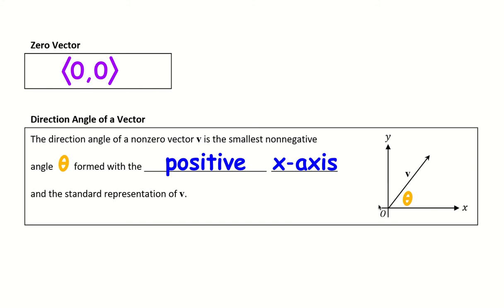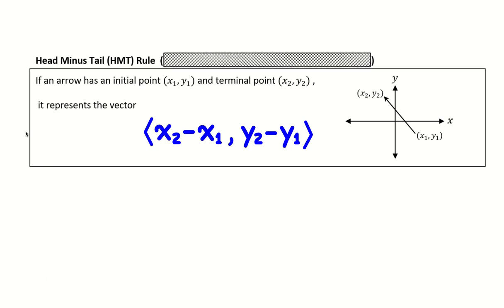So in this situation, the direction angle of a vector would be, right here, whatever is in between the vector and the positive x-axis. Alright? Smallest non-negative angle formed with the positive x-axis.